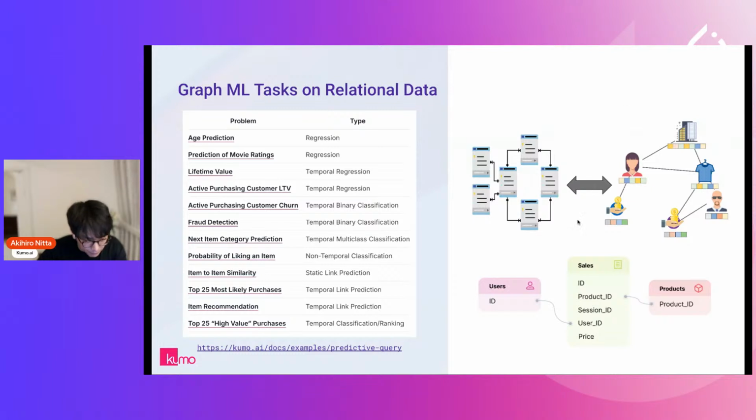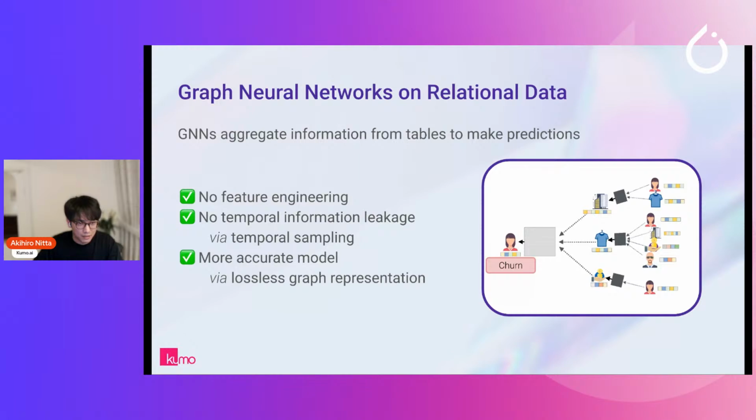Or, on your left, you can see lifetime value, which can be seen as a temporal regression task in the graph. And the item recommendation problem can be considered as temporal link prediction, and so on. And one way to do ML on such data is to apply graph neural networks.